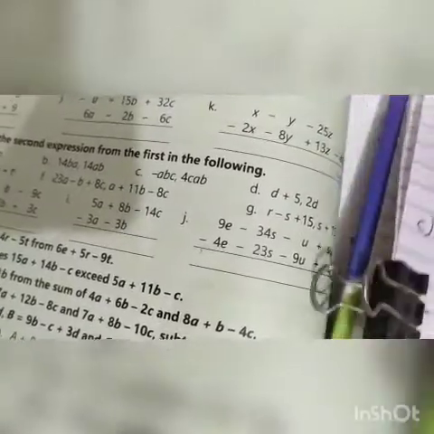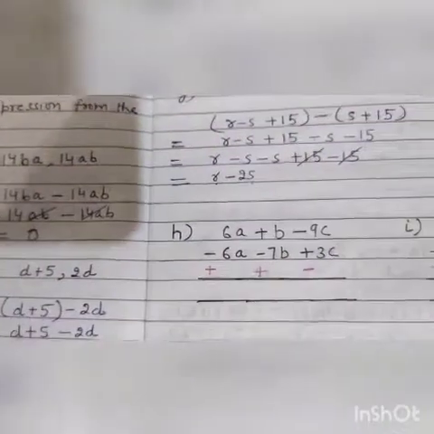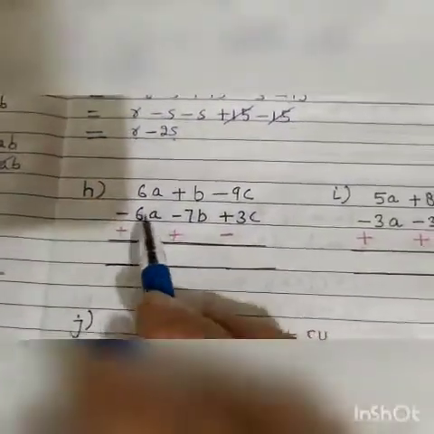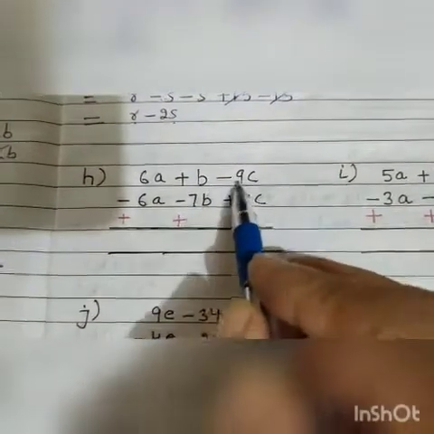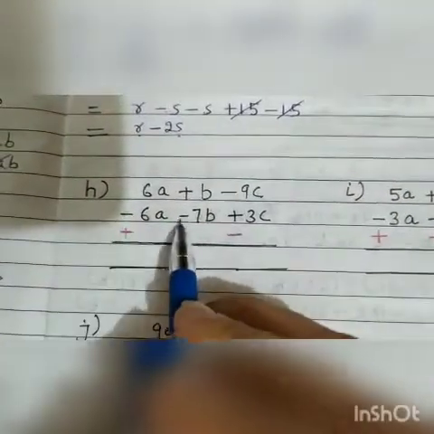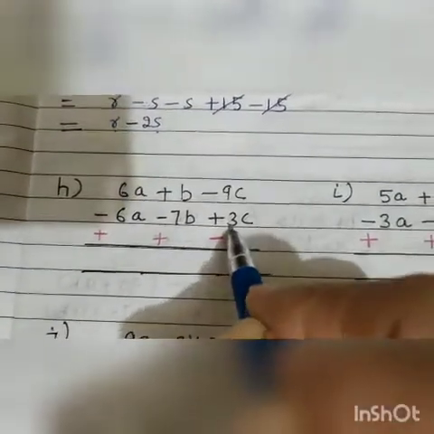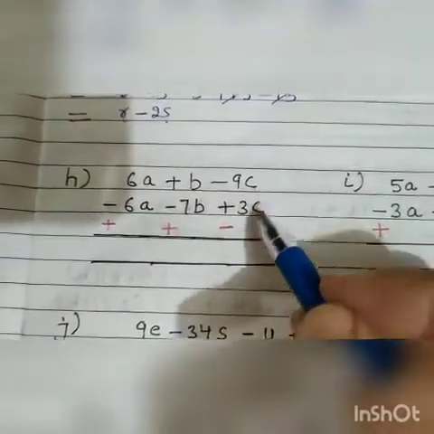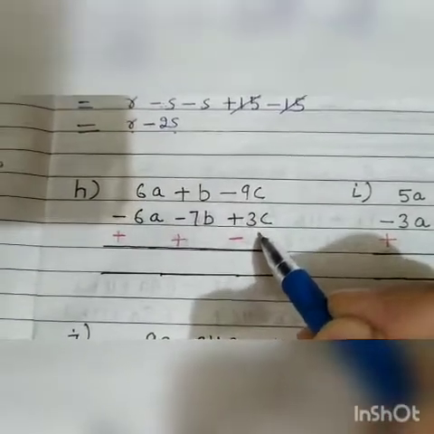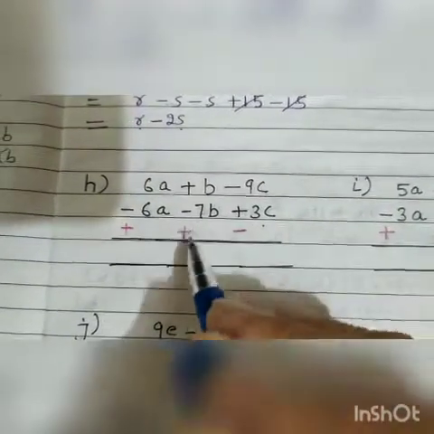So we will solve these three sums in column method. How we do? H part is 6a plus b minus 9c, and second expression is minus 6a minus 7b plus 3c.